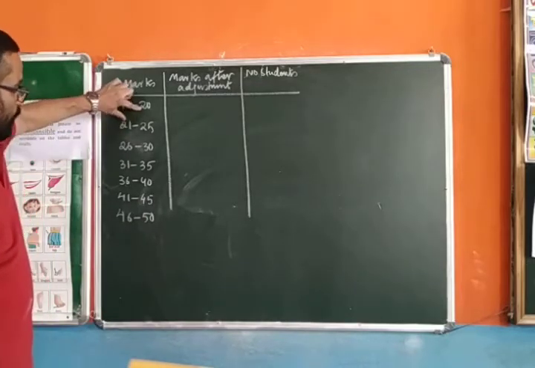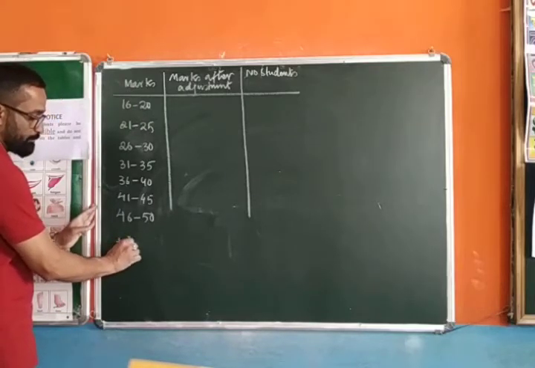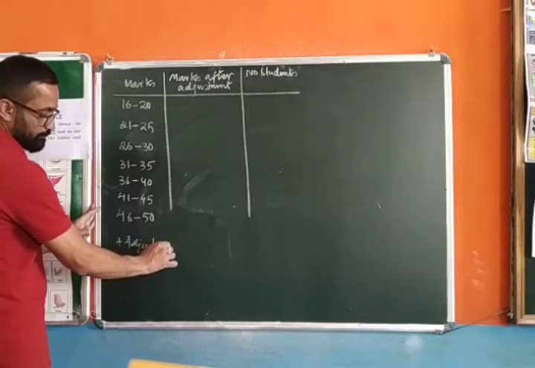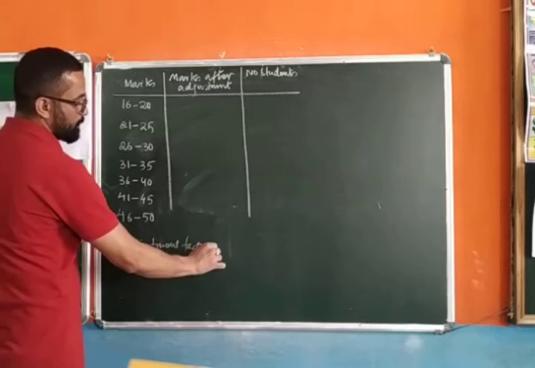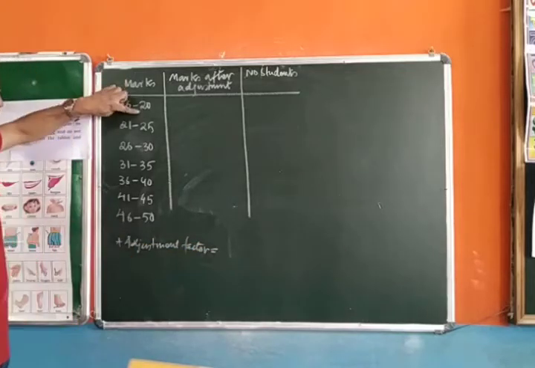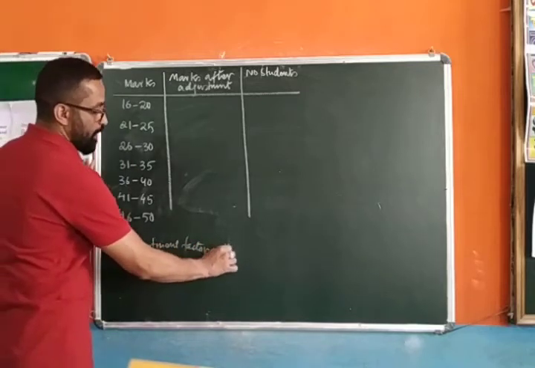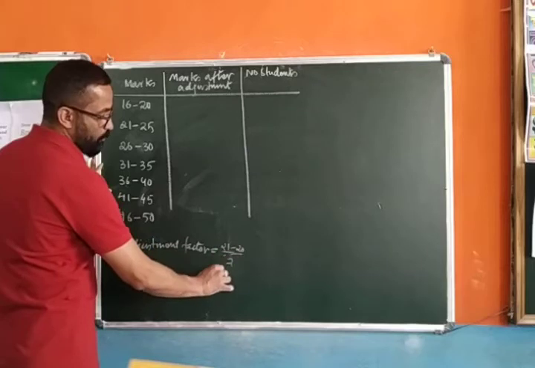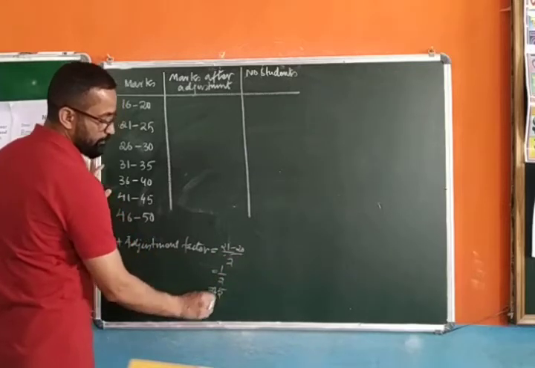Class intervals are not continuous. So what do we do? We calculate the adjustment factor. Adjustment factor is equal to subtracting these diagonal values and dividing by 2. 21 minus 20 divided by 2 is 1 by 2, which is equal to 0.5.